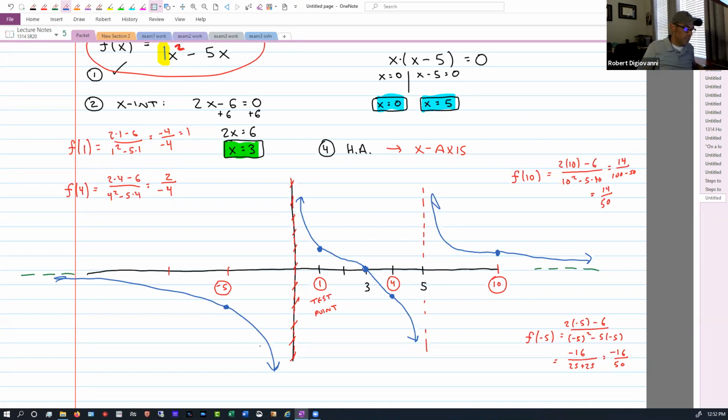And yeah, it does. And will it always be like 3 separate graphs? No. Every single one of these is different, which is what makes these so hard. Right now, the reason we had 3 is because we had 2 vertical asymptotes, and that broke our graph into 3 sections, right?